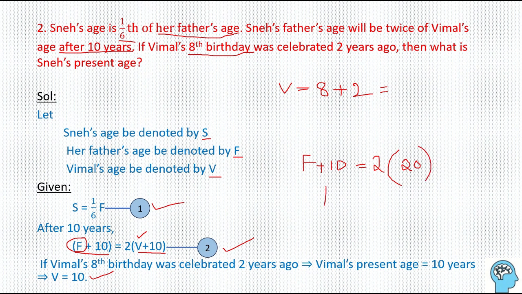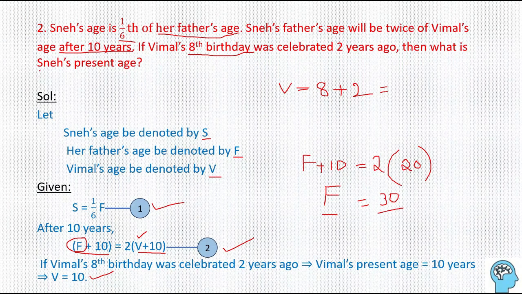So F is equal to 40 minus 10, that is 30. Okay, 30 years. So F is 30 years. The age of Sneha's father is 30 years.